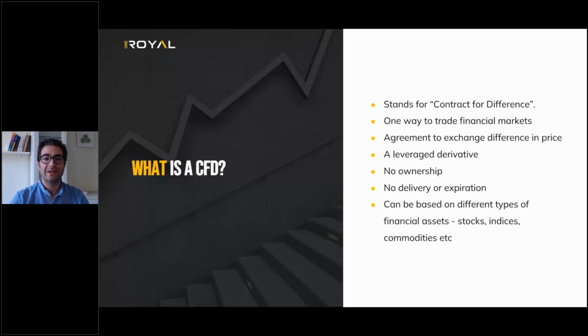So first, what is CFD? CFD stands for Contract for Difference. So it is an agreement between the trader and the broker where at the end of the expiry date you will exchange the difference between the closing price and the opening price.